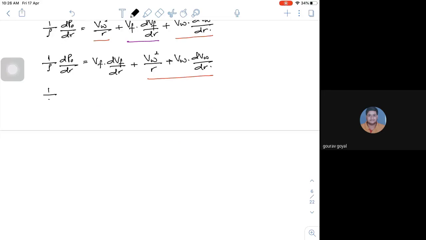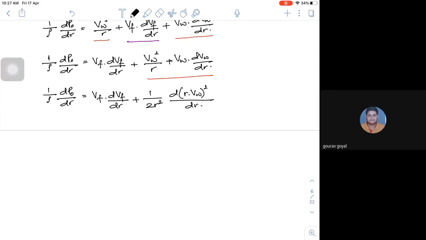So dp naught by dr is equal to Vf into dVf by dr plus 1 upon 2r square into d into r into Vw whole square by dr.